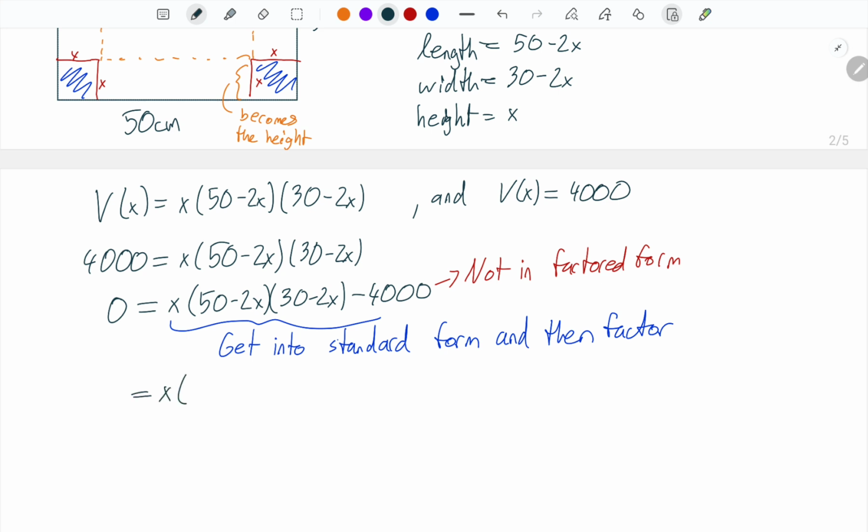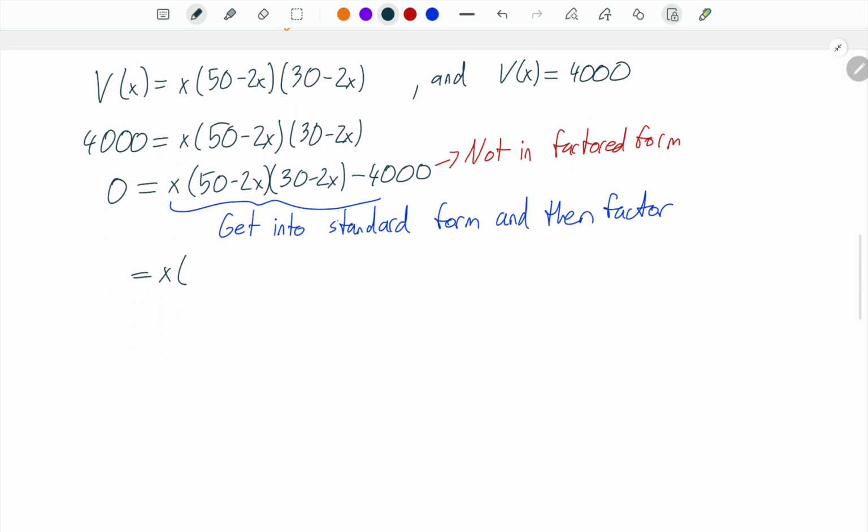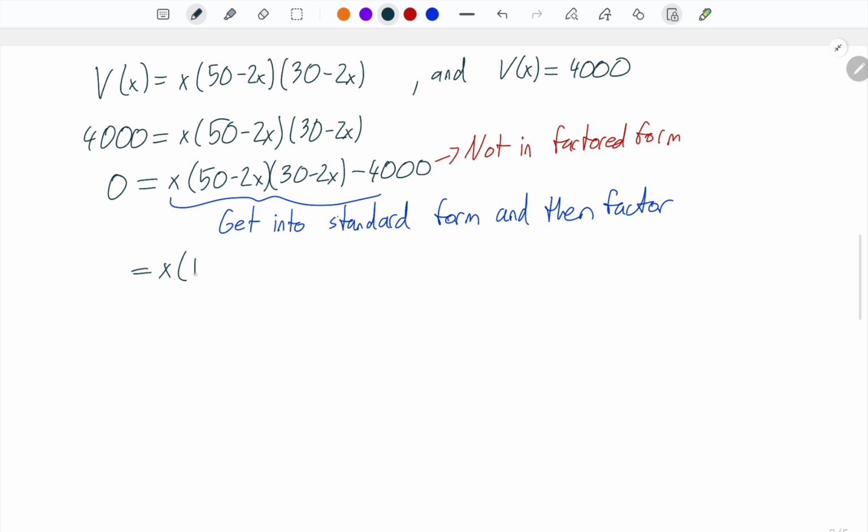So I'm going to leave the x on the outside for now. And then expanding it out, what you'll get is 1,500 from the 50 times 30. We're multiplying both 50 and 30 by negative 2x, which will lead to negative 160x. And then 2x and 2x give you 4x squared minus 4,000.